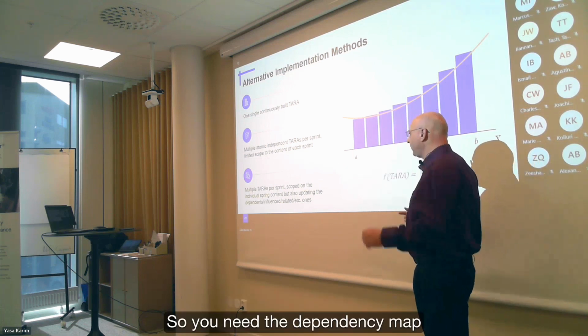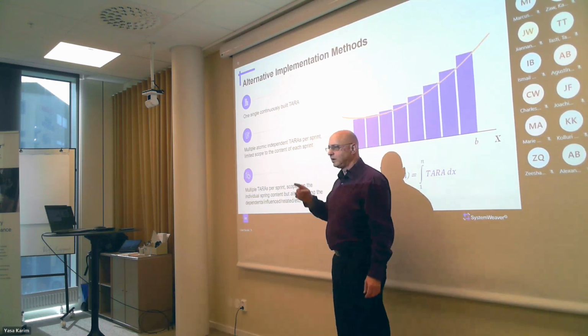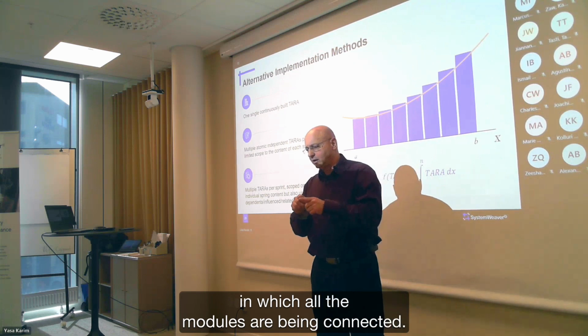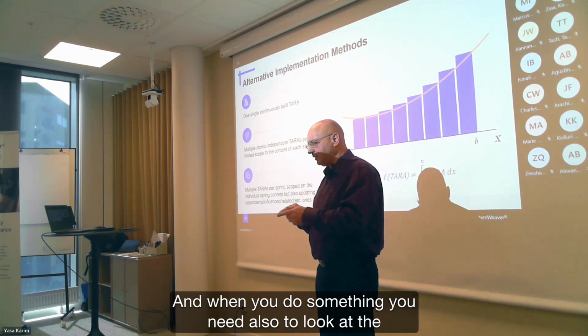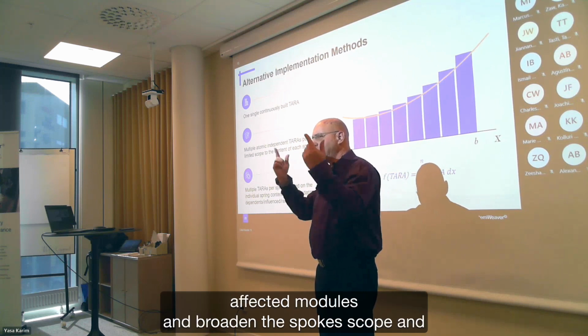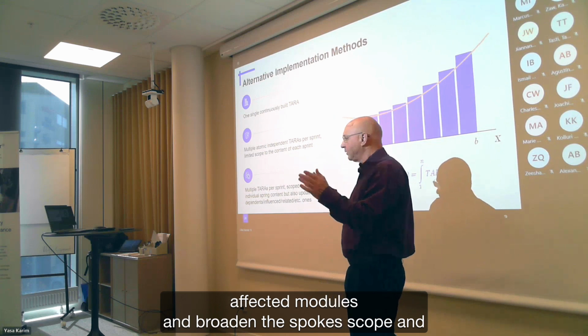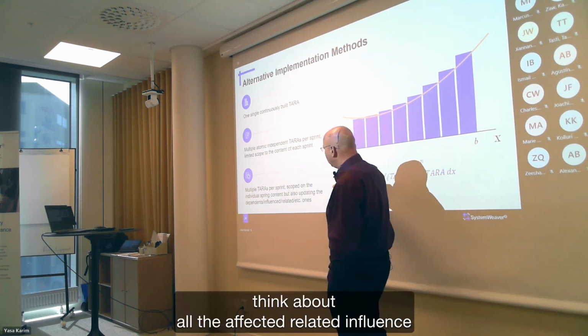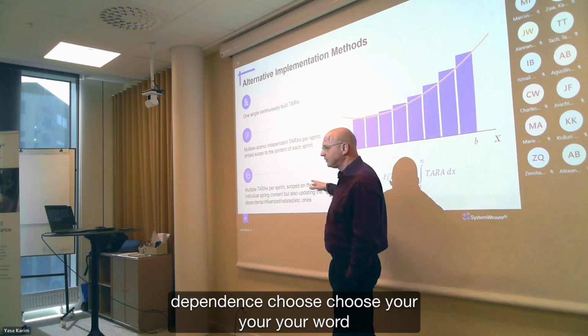So you need a dependency map to be created and maintained all along the way, in which all the modules are connected. And when you do something, you need also to look at the affected modules and broaden the scope and think about all the affected, related, influenced, dependent.